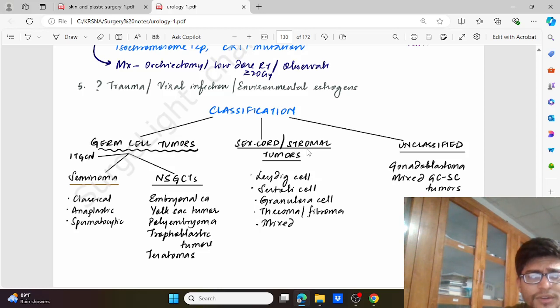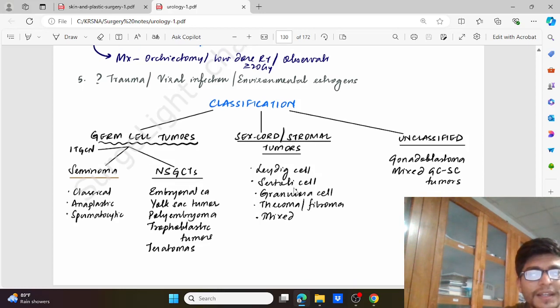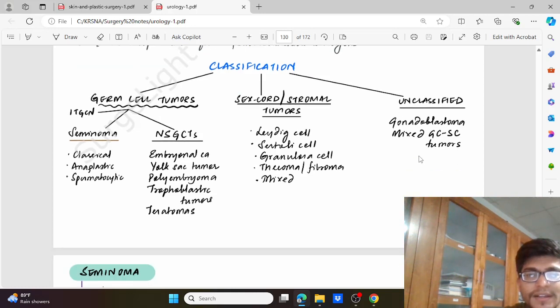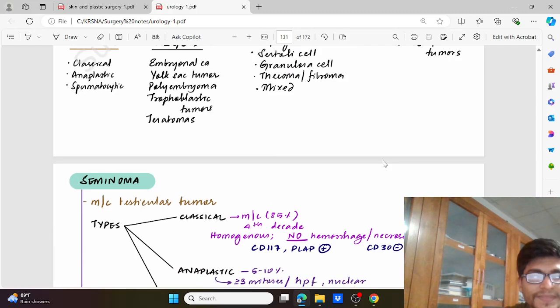Then we have the sex cord stromal tumors: Leydig cell, Sertoli cell, granulosa cell, thecoma, fibroma, and mixed. The unclassified are gonadoblastoma and mixed germ cell and sex cord stromal tumors.